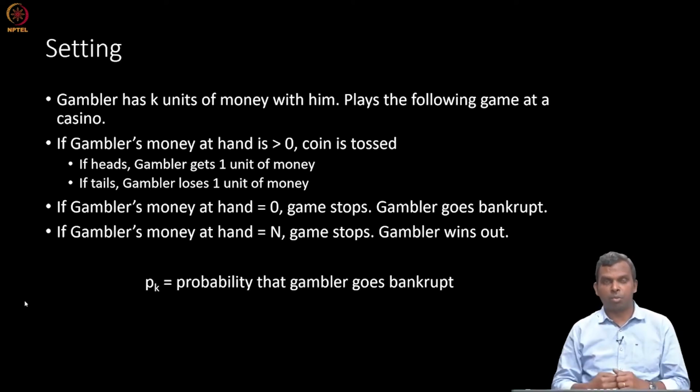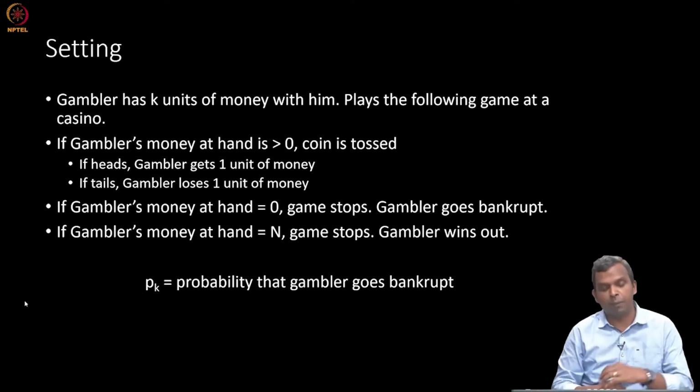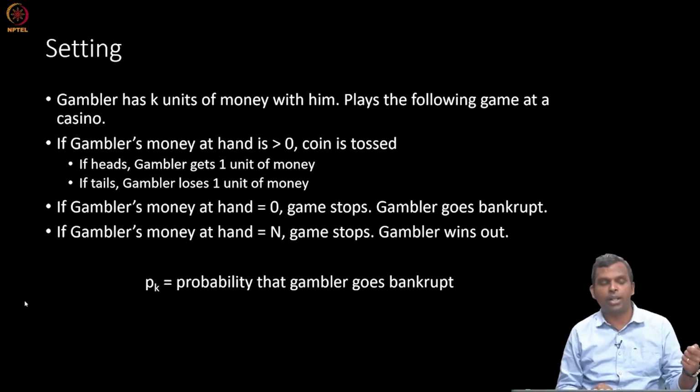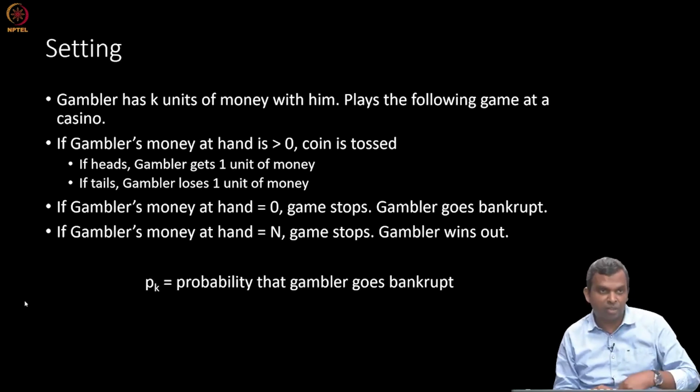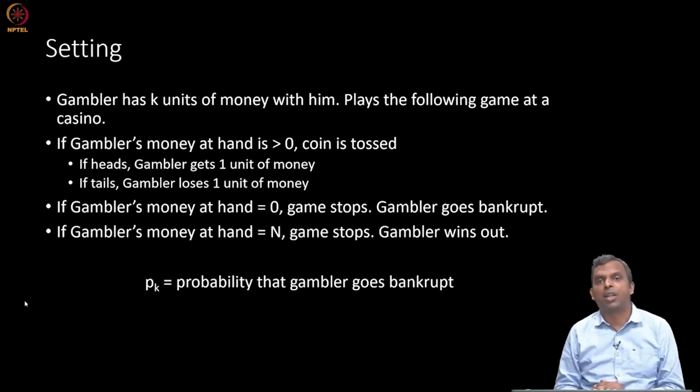The casino gives him 1 unit of money. On the other hand, if the coin toss results in a tails, then the gambler loses 1 unit of money. He has to give 1 unit of money back to the casino. Is that okay? So hopefully it's clear.